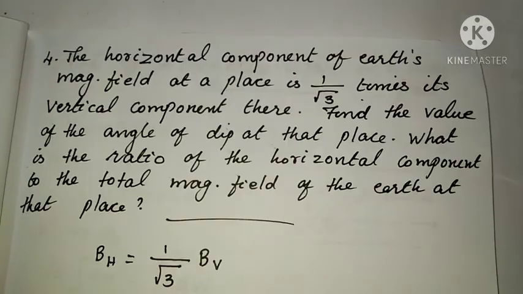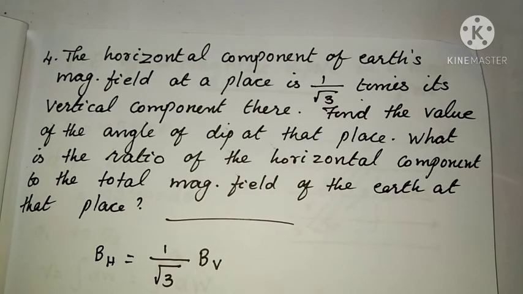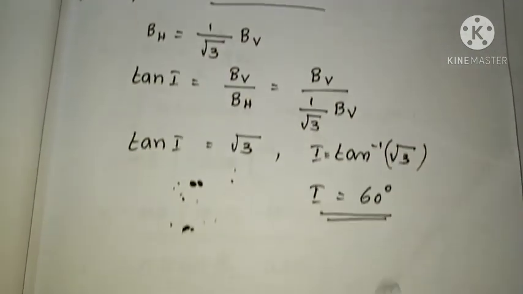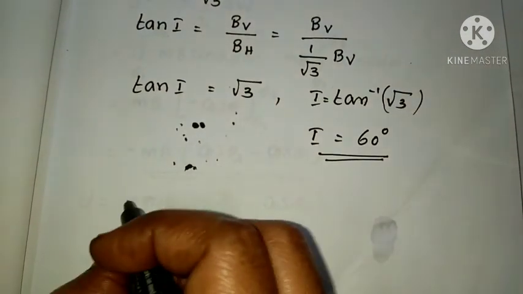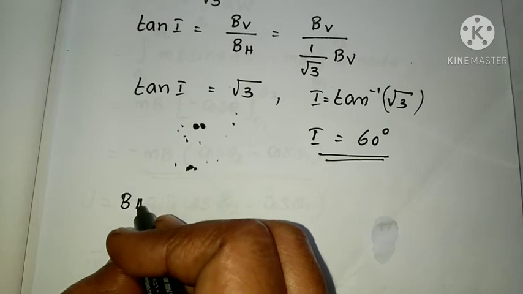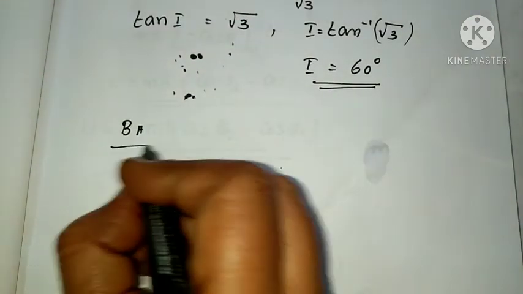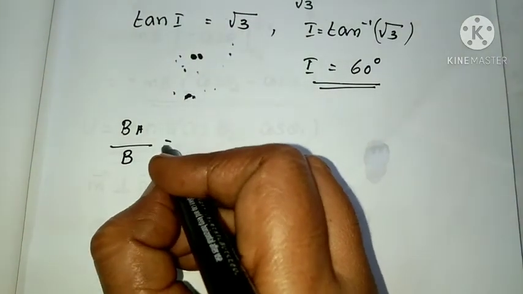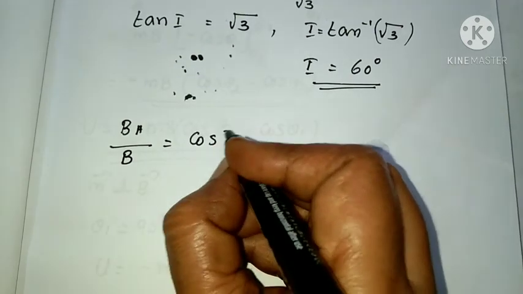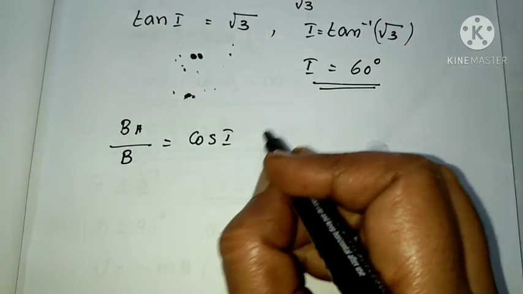Then, what is the next part? What is the ratio of horizontal component to the total magnetic field of the Earth at that place? So, you know the equation, that is BH by B equal to cos I. So, what is cos I? That is 60.